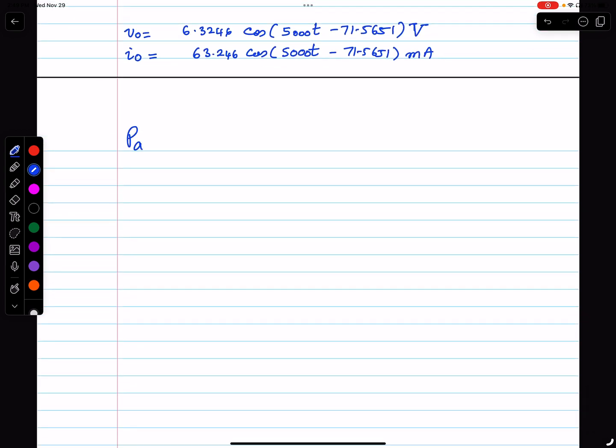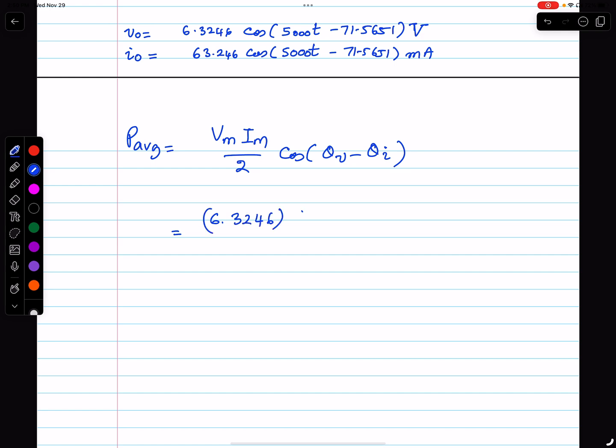So P average is our very familiar form, Vm Im over 2 cosine of theta V minus theta I. Something really interesting happened here, as you will see in a minute. 6.3246 times 63.246 milli, divided by 2.